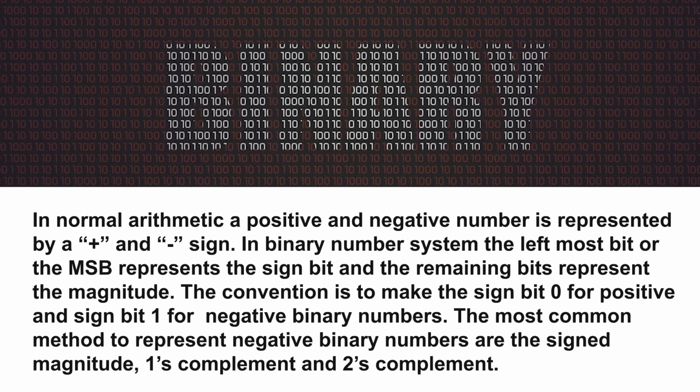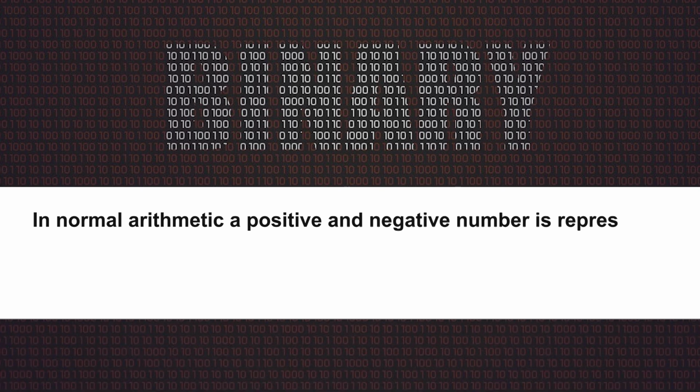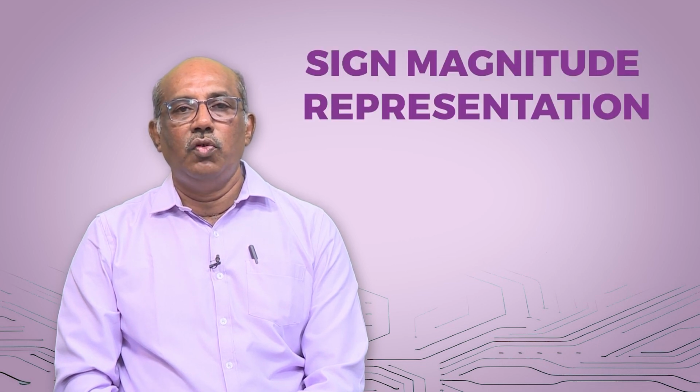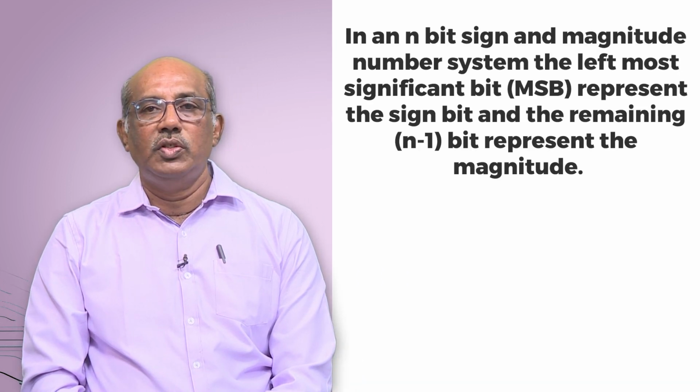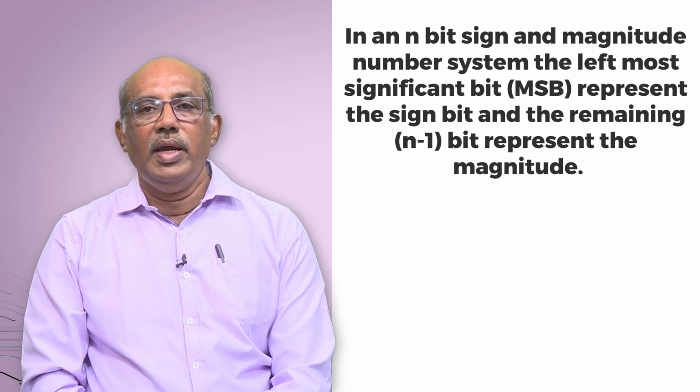The most common methods to represent negative binary numbers are sign magnitude, 1's complement and 2's complement. So, we will see how to represent a number using the sign magnitude representation. In an n bit sign and magnitude number system, the leftmost bit represents the sign bit and the remaining bits, that is n minus 1 bits, represent the magnitude.